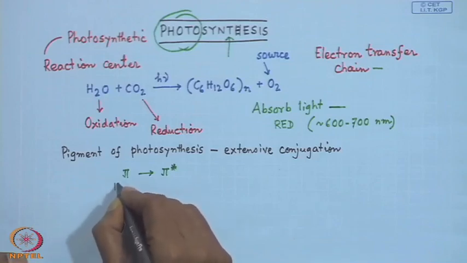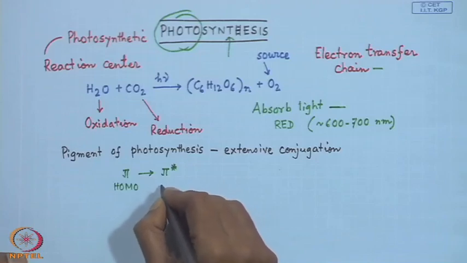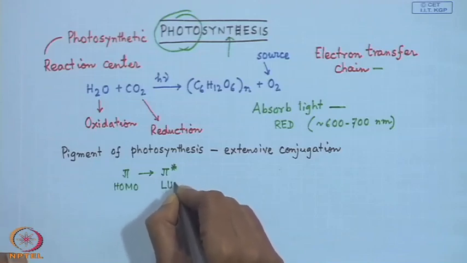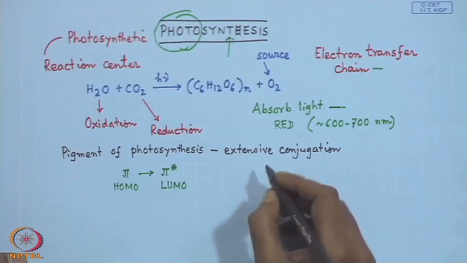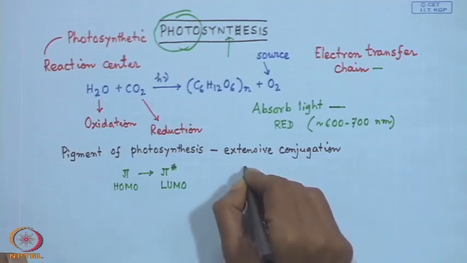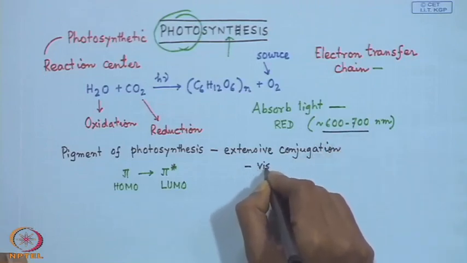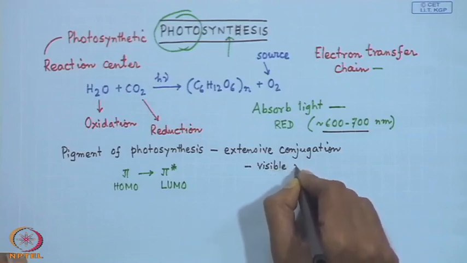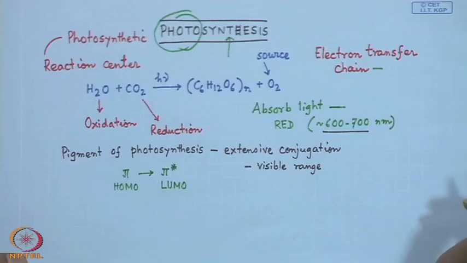The pi highest occupied molecular orbital transfers an electron to the lowest unoccupied molecular orbital. When we have that extensive conjugation, we get absorption in the visible range. So, visible electromagnetic radiation is responsible for this conversion.